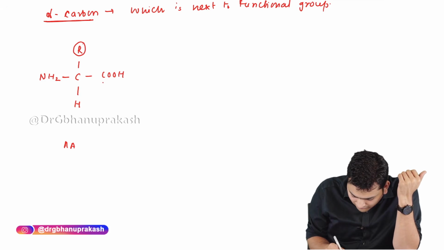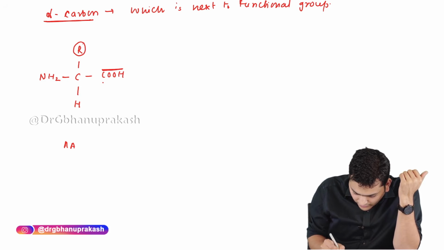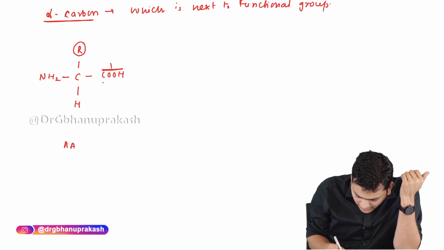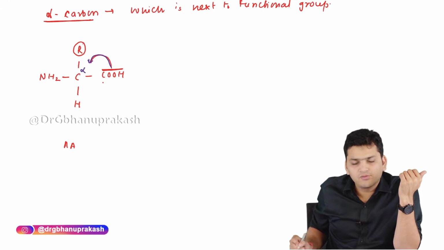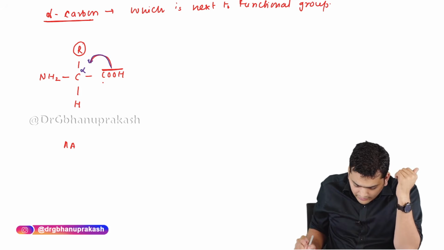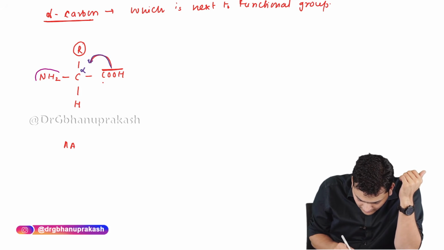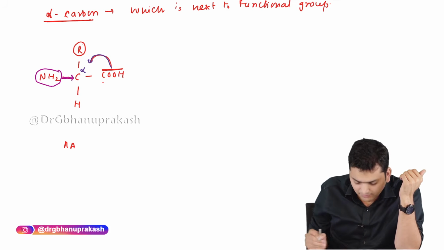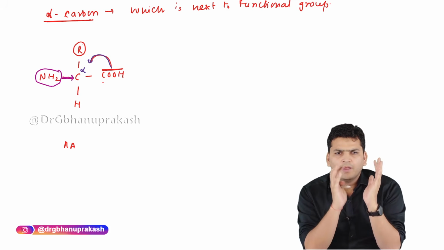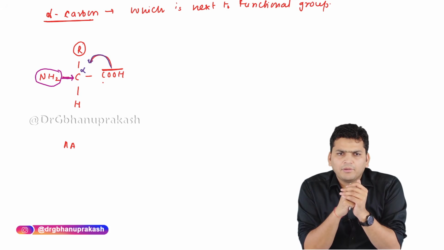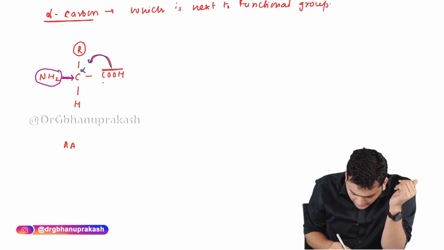Here the main functional group is the COOH, then the carbon next to the functional group is going to be the alpha carbon. You can easily appreciate that the amino group is attached to the alpha carbon. So this is referred to as alpha amino acid.